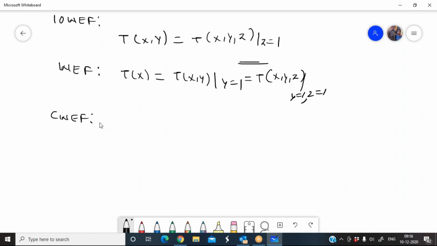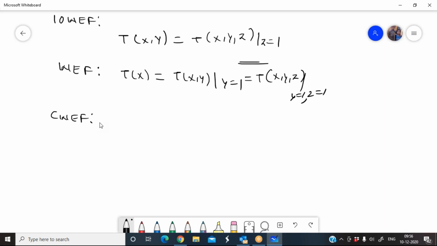So conditional weight enumerating function. Here, this function enumerates weights of all code words associated with particular information weights. I'm repeating once again. This function enumerates weights of all code words associated with particular information weights. So that is the meaning of conditional weight enumerating function.